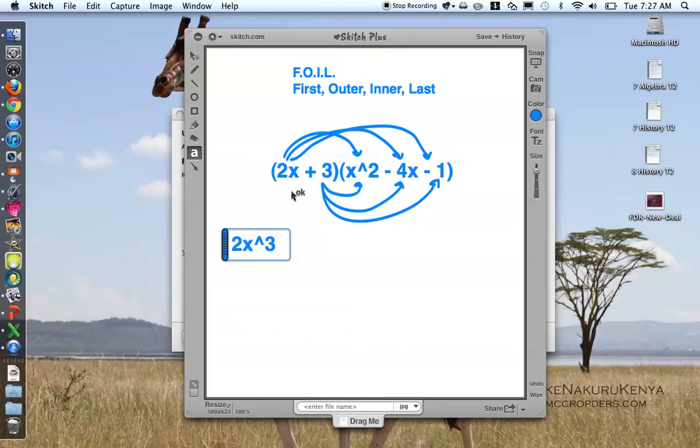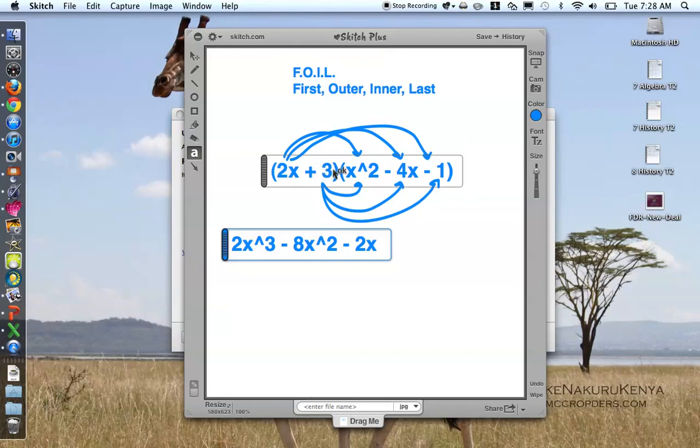Well, that's going to be negative 8x squared. And then we did the 2x times negative 1. 2x times negative 1 is minus 2x. Okay, so that's my 3 terms starting with the first term here. If that makes sense, take the 2x multiplied by each of these 3 things. This is what I get.